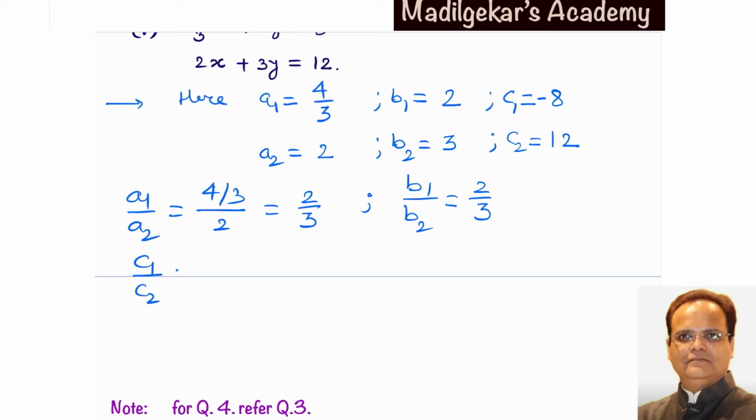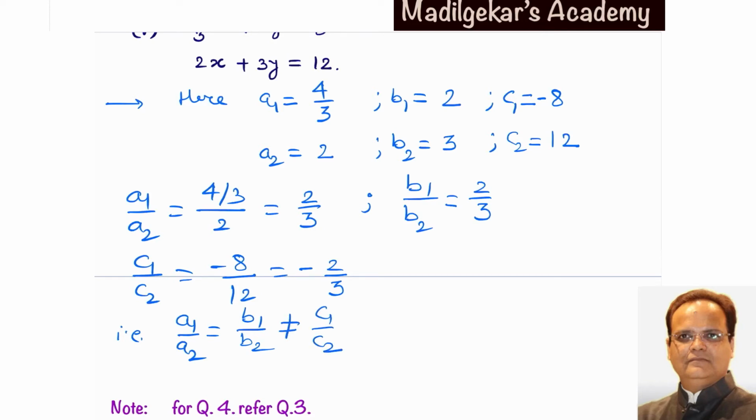C1 upon C2 is minus 8 by 12, means minus 2 by 3. That is A1 upon A2 is same as B1 upon B2, but not equals to C1 upon C2. Therefore, given equations are inconsistent.